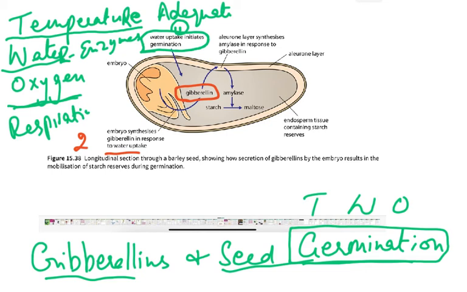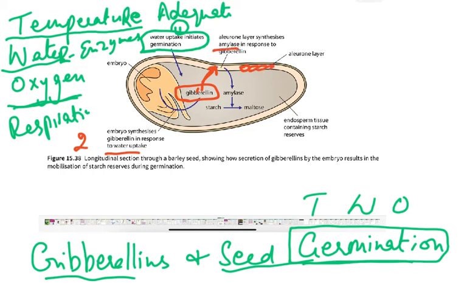Now this gibberellin has to move, it moves to the aleurone layer. The aleurone layer is just this layer which is just under the seed coat. So when the gibberellin, in response to the water uptake, moves to the aleurone layer, here in the aleurone layer, you have to remember there must be cells.